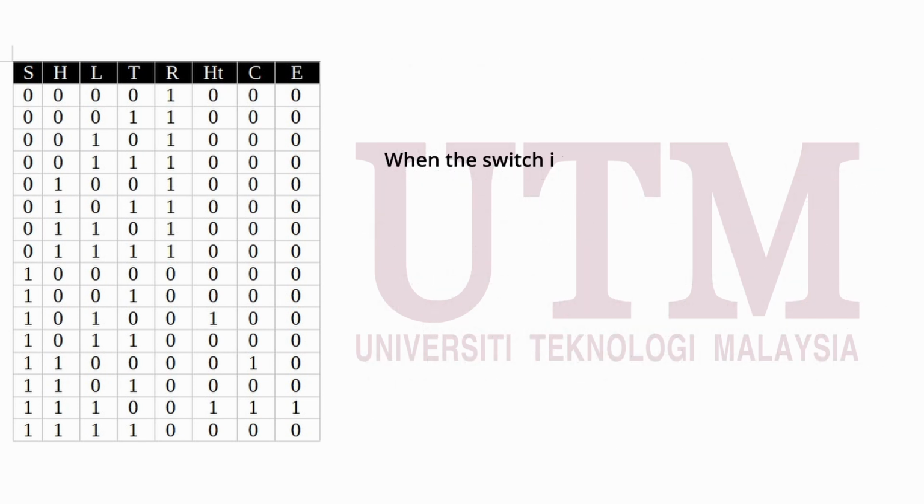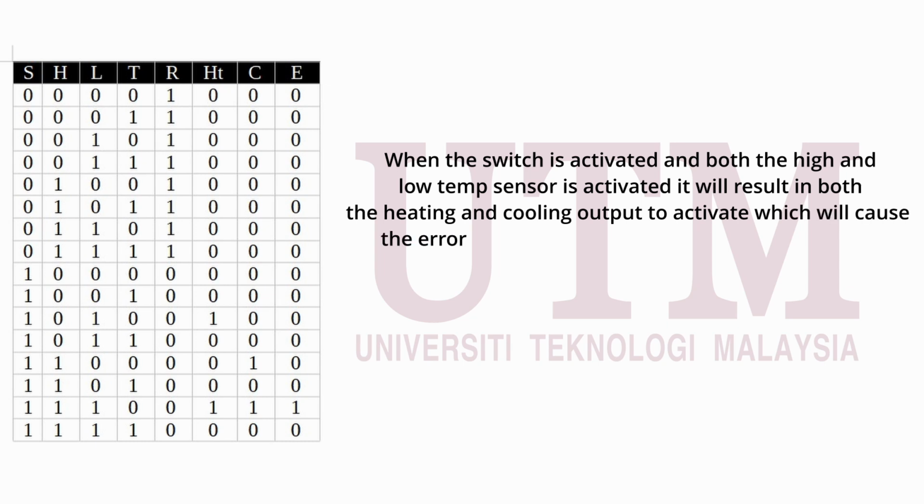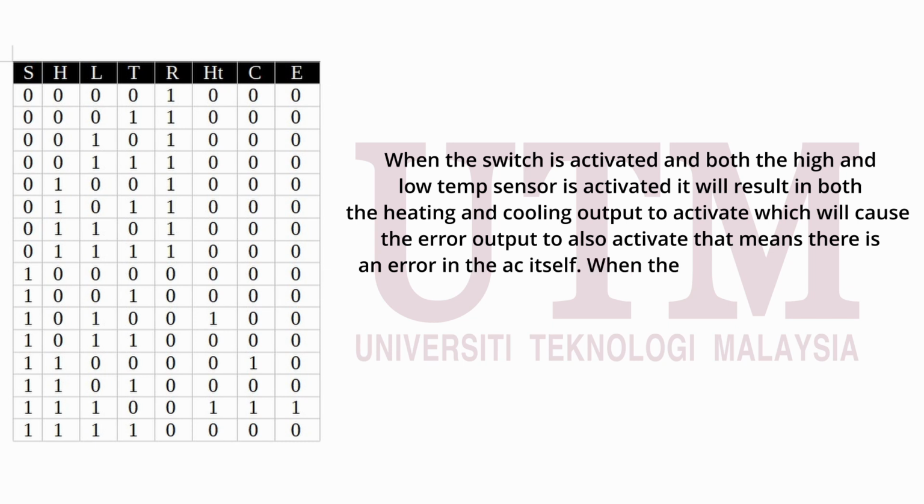When the switch is activated and both the high and low temperature sensors are activated, it will result in both the heating and cooling outputs activating, which will cause the error output to also activate. That means there is an error in the AC itself.